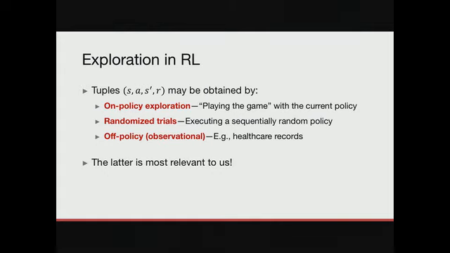The last one, which is the most studied one when it comes to practice, I would say, is off-policy evaluation or learning, which is the one that we talk about this week. In this case you observe healthcare records, for example, or registries, data from the healthcare system where patients have already been treated, and you try to extract a good policy based on that information.